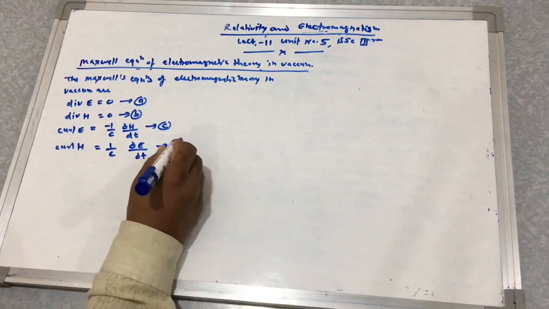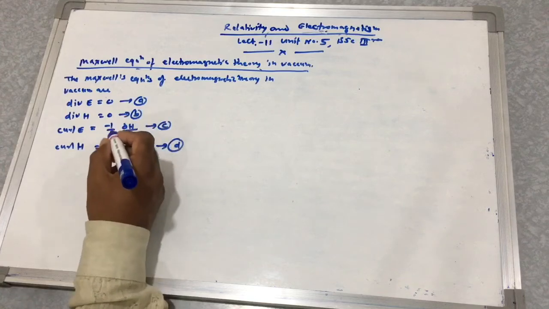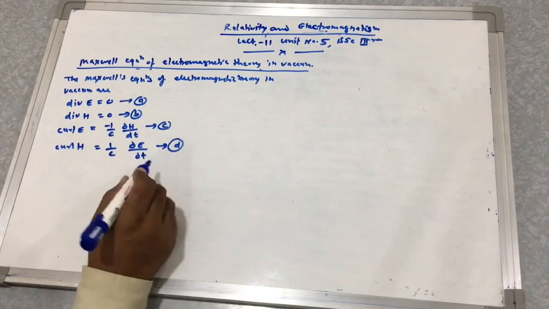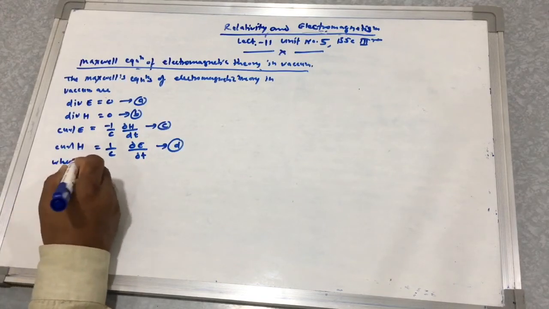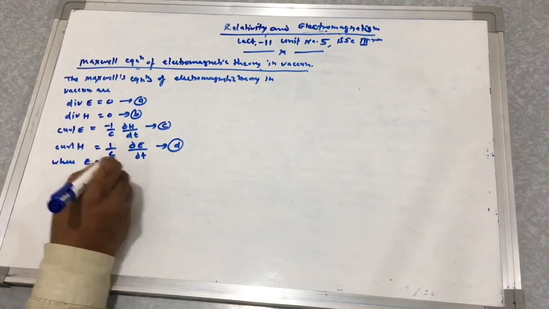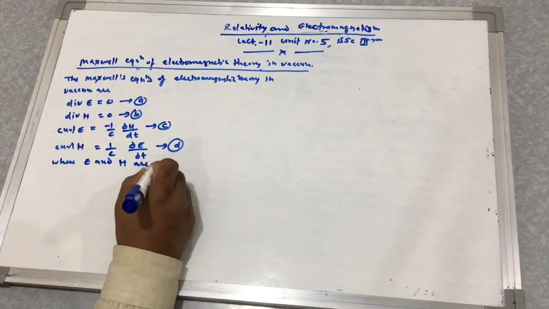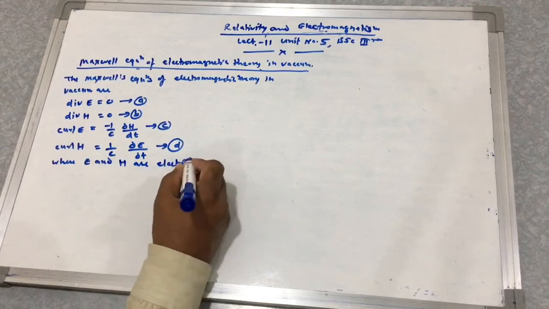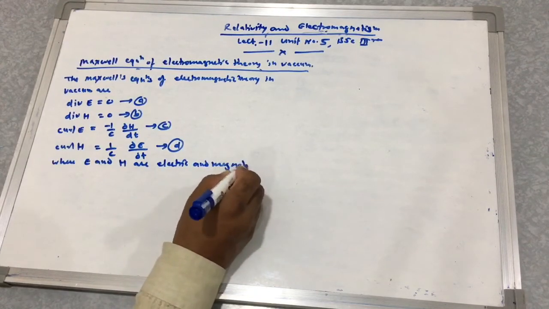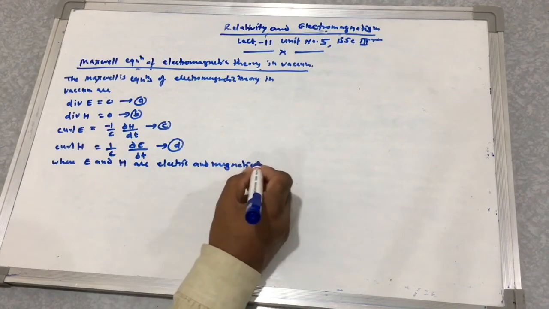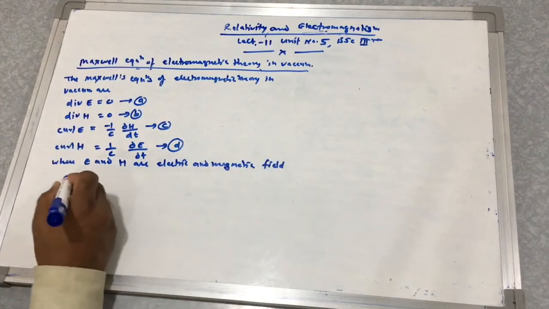This is D. So here E and H are the electric and magnetic field strengths.